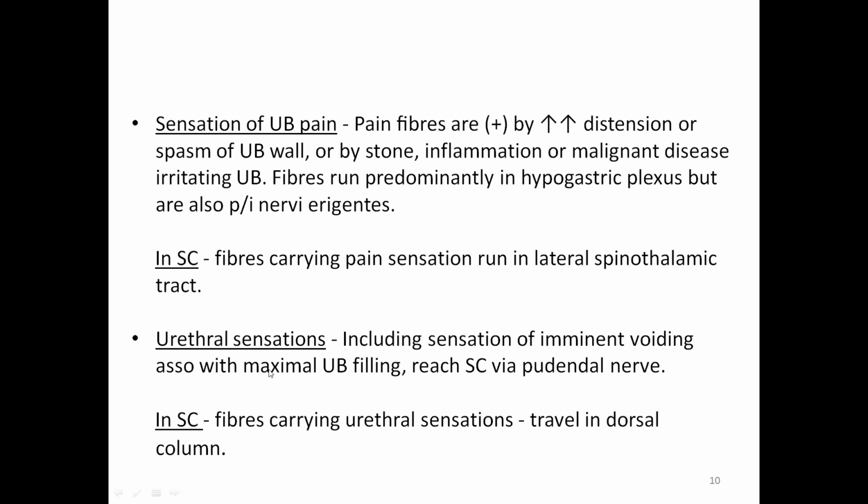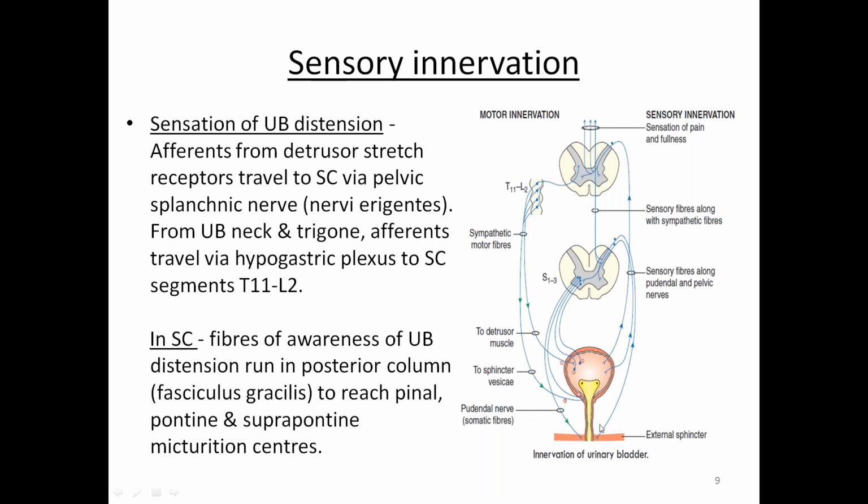Then urethral sensations include the sensation of imminent voiding associated with maximal bladder filling. They reach the spinal cord via the pudendal nerve here. So this is your pudendal nerve.